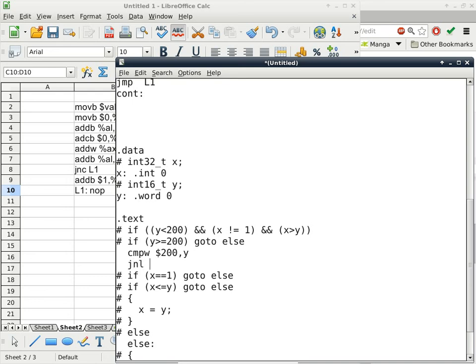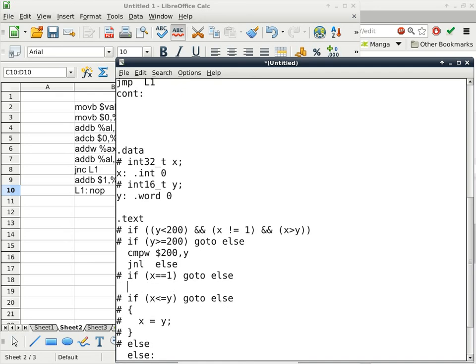If y is not less than 200, branch to the else label. The NL is important. It is not JNB, it has to be JNL because the numbers are signed. If it were uint16, then it would be JNB. But because it is using regular int, which is signed, it has to use JNL.